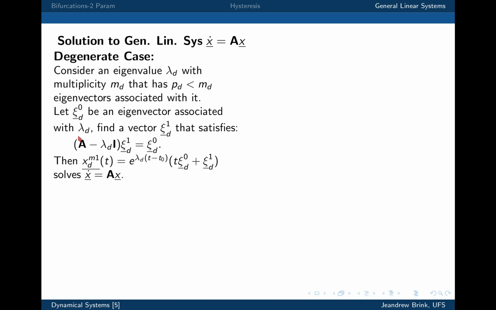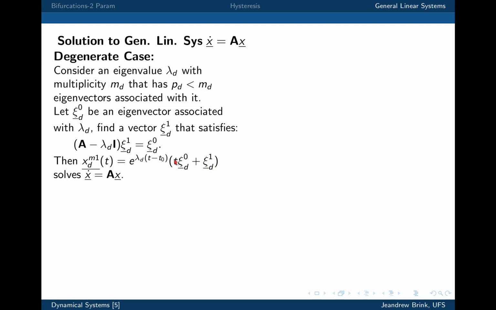Now we're going to prove that if you construct another solution that is e to the lambda d (t minus t0) times t times your original eigenvector, plus this new vector, then that's a solution to your problem.